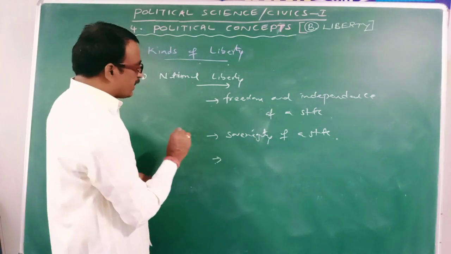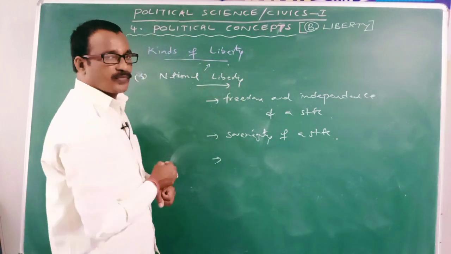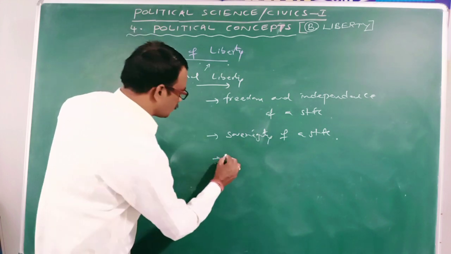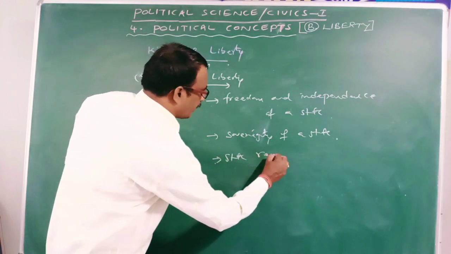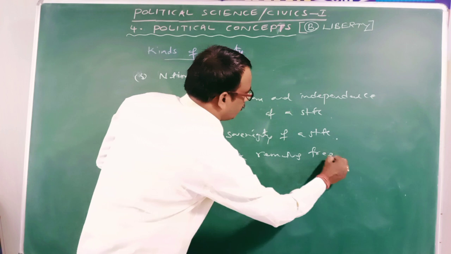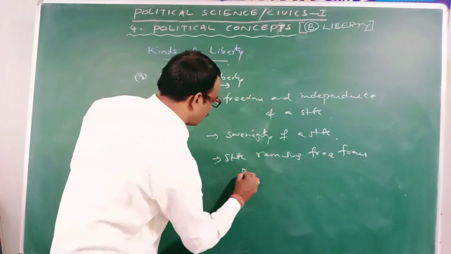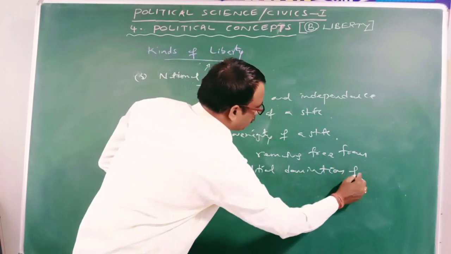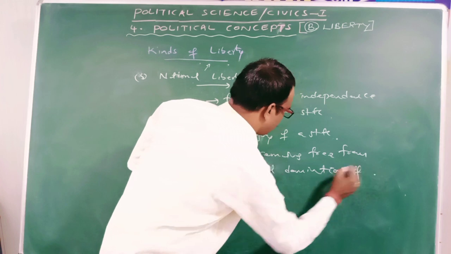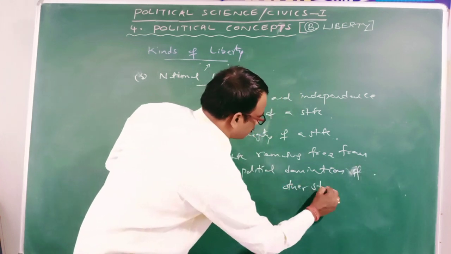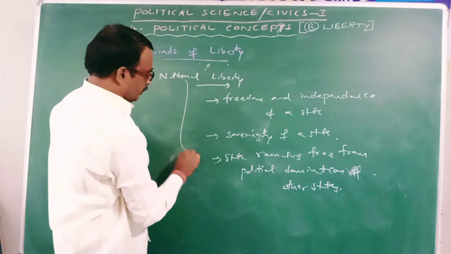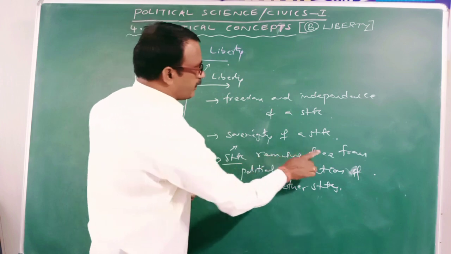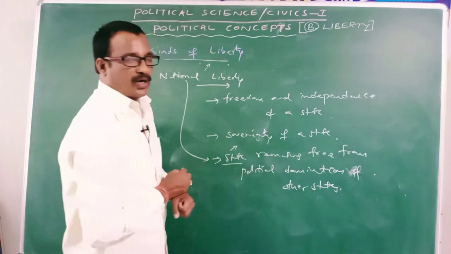If any state has national liberty, that state remains free from political domination of other countries. So when there is national liberty, the state will remain free from political domination of the other states.